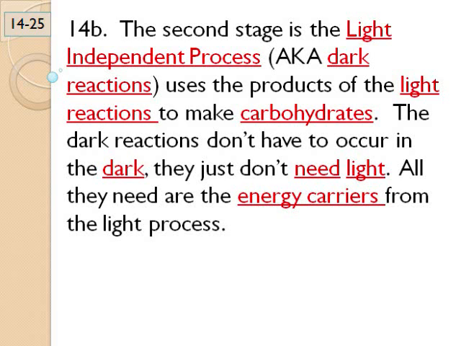The hydrogen is coming from water that was split. So the plant takes in 2/3 of what it needs, the carbon and oxygen, with the gas coming in. But the hydrogen comes from the water that was split. And in the dark reactions, they all come together and make that sugar, which contains carbon, hydrogen, oxygen, all bonded together.